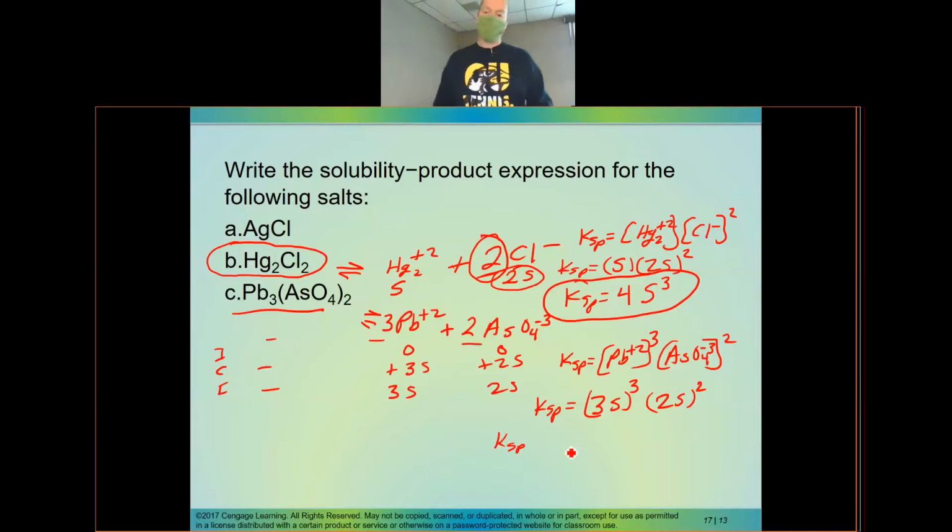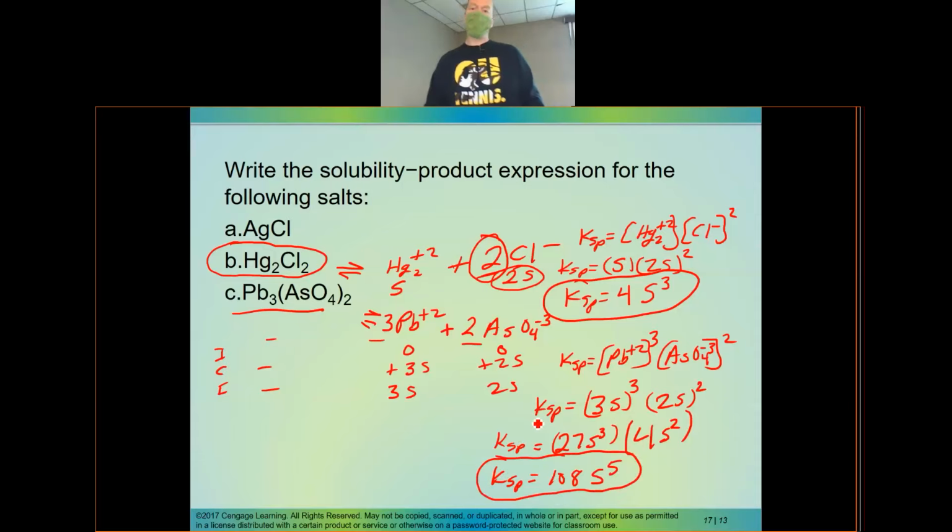That is not 9. 3 to the third is 3 times 3 times 3, which is 27. So I will write that separate. 27S to the third. All right, and then 2S times 2S is 4S squared. And now you see that your Ksp is equal to 108 S to the fifth.